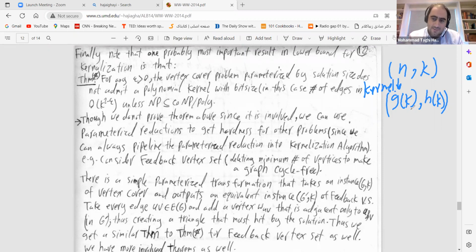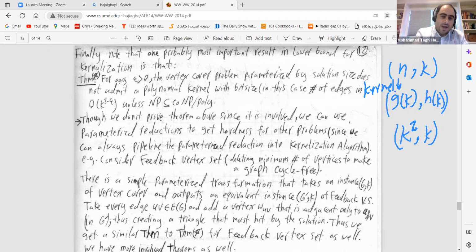Now, if you remember, we talked about vertex cover, and for vertex cover we gave a kernel with k squared edges.